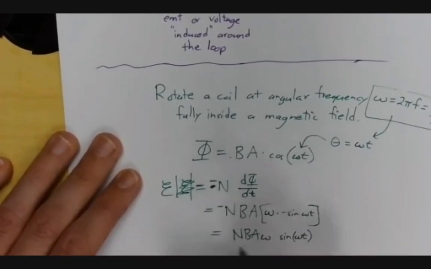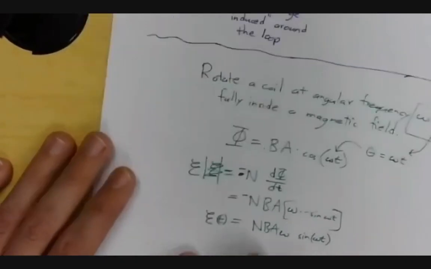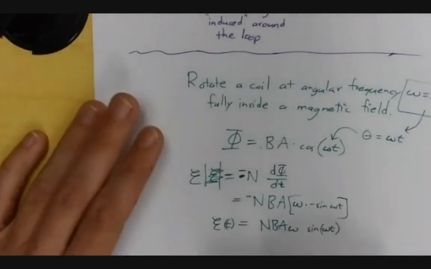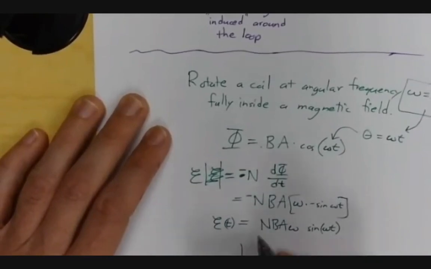So what do we have here? We have a voltage or an EMF, which is being continuously generated. And what would this output voltage look like? It's sinusoidal with this amplitude.